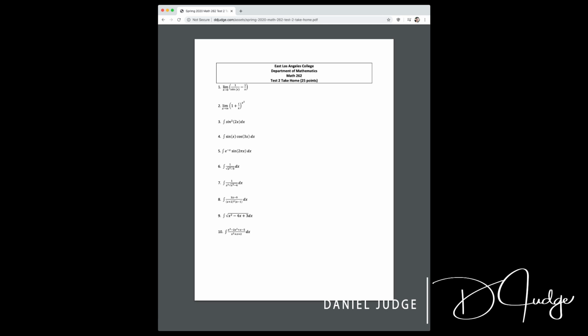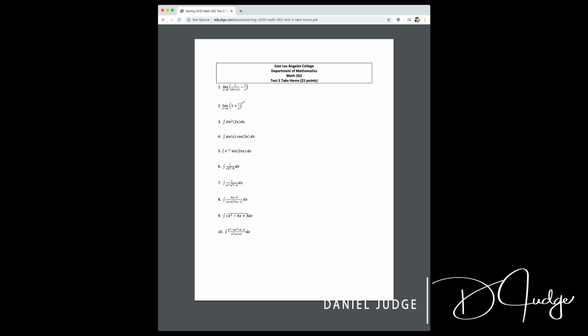Today's Thursday, the 16th, so Monday is going to be the 20th, April 20th. So remember, this is due before class, Monday, April 20th.